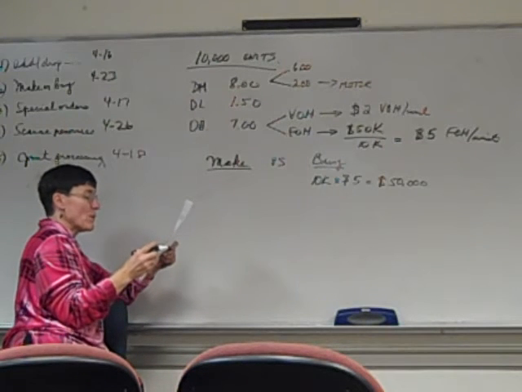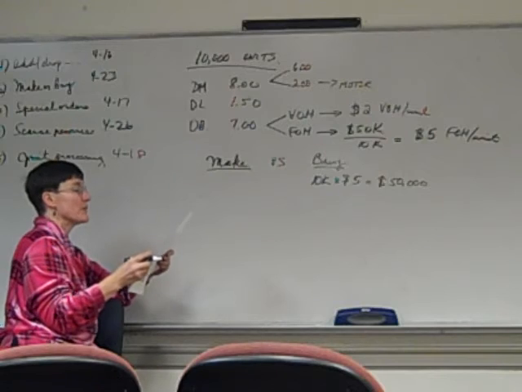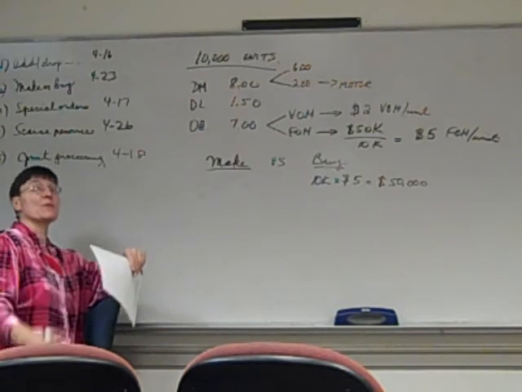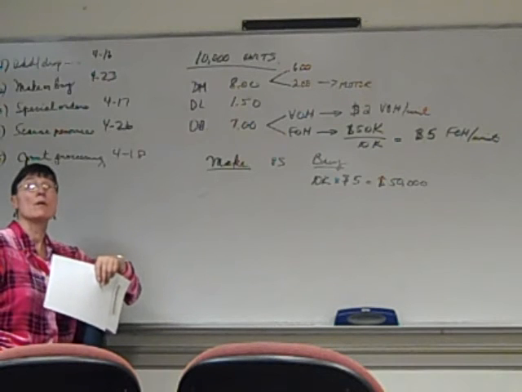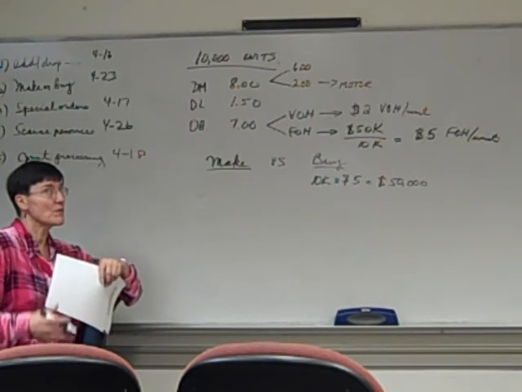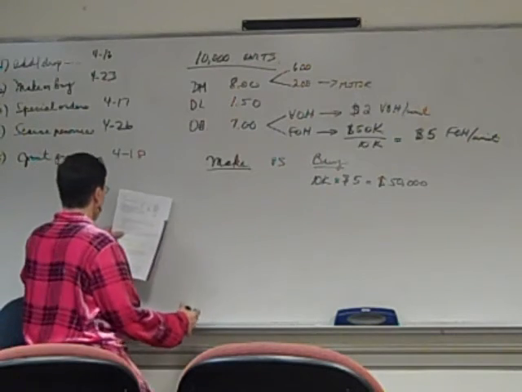It also says that we would be able to reduce variable labor and variable overhead by 50%. Well, that means that 50% of the labor and 50% of the variable overhead belong to the motor. If we don't make the motor and those costs disappear, they have to be the cost associated with making the motor.